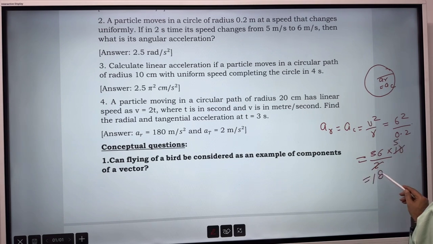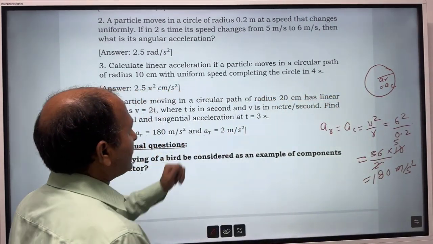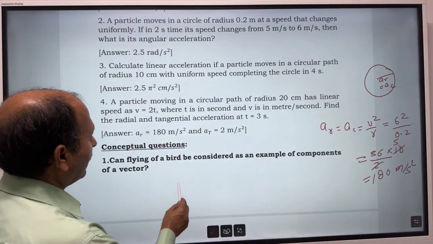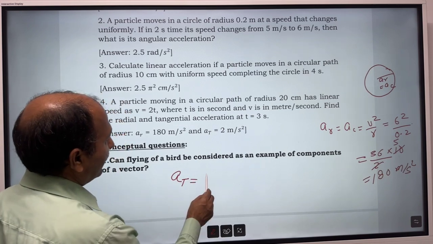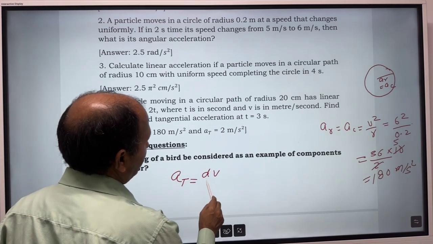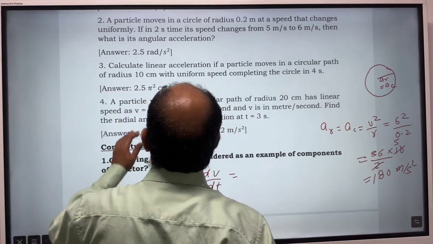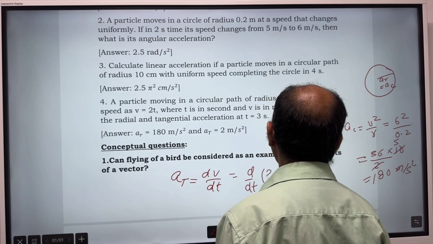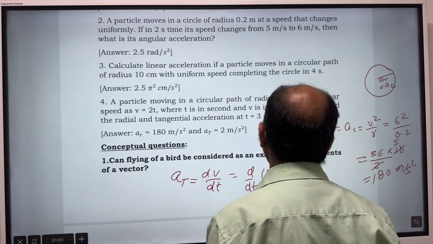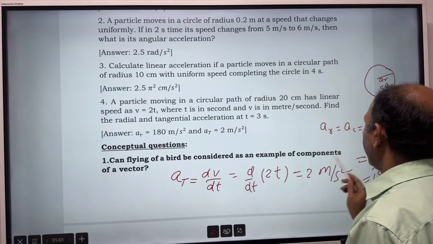So it will become 180 meter per second square. And you need tangential acceleration also. So what is AT? AT is dV upon dt. So here V is given as 2t. So d upon dt of 2t, it will become 2 meter per second square.